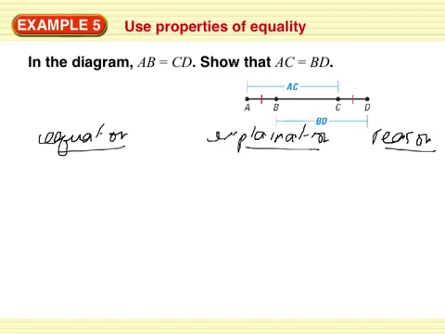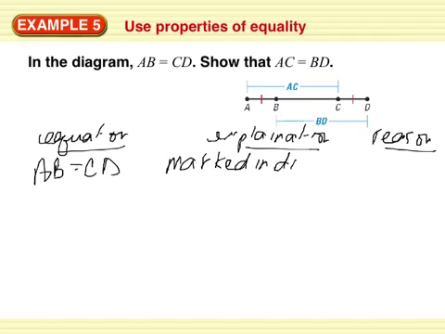And the first thing we write is what's given. Segment length AB is equal to segment length CD because it's marked in the diagram. And the reason is given. Okay, what else do we know?